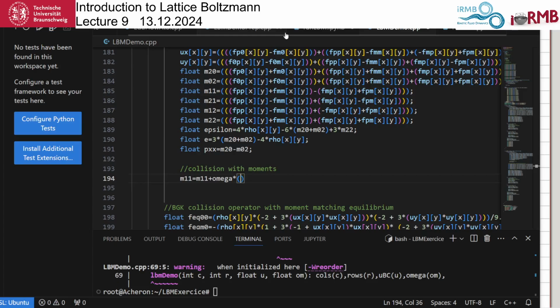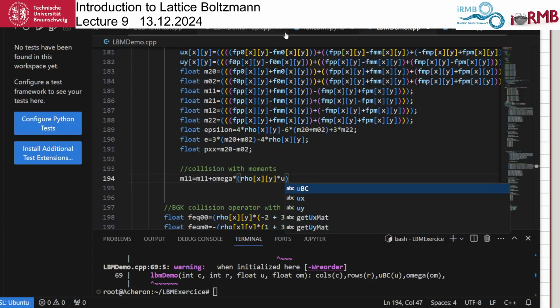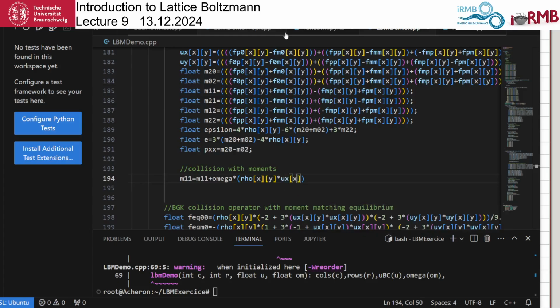What is the equilibrium of M11? Rho, right, so it's rho x, y times ux in x, and so, no, I'm always making this wrong, and y times uy, x and y. So this is their equilibrium, and from this we have to subtract M11 pre-collision, right? So this is how we do this guy.